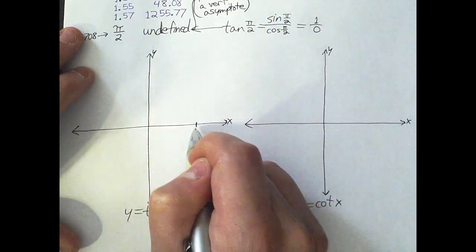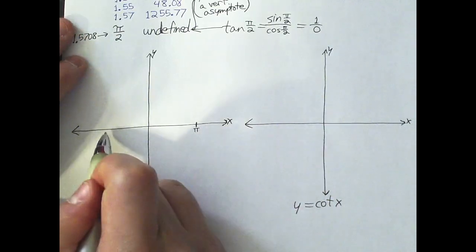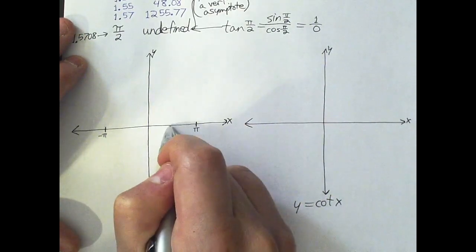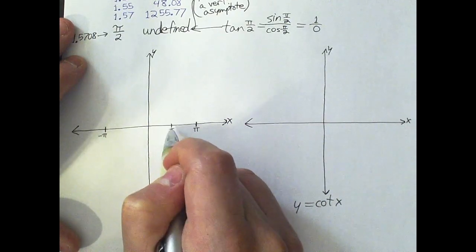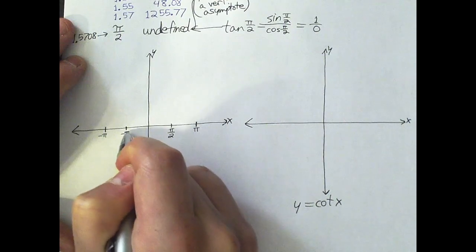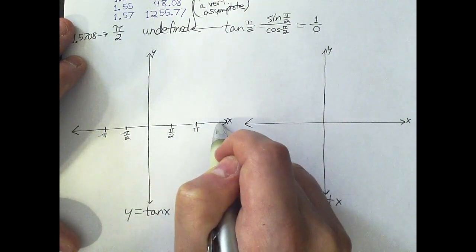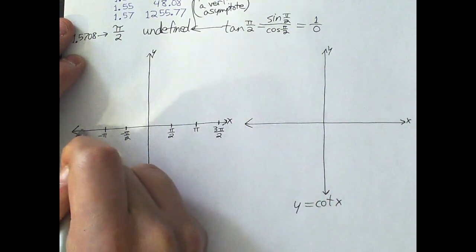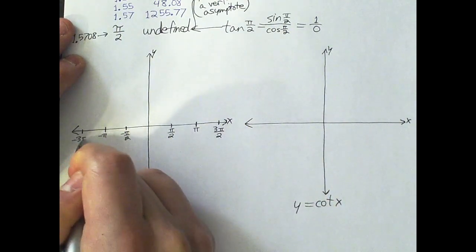Let's put pi here, and that would mean negative pi is here. Let's fill in a couple more. So that means pi over 2 is here. Negative pi over 2 is here. And I'll go ahead and put one more. This is 3 pi over 2. And one more in this direction, negative 3 pi over 2.